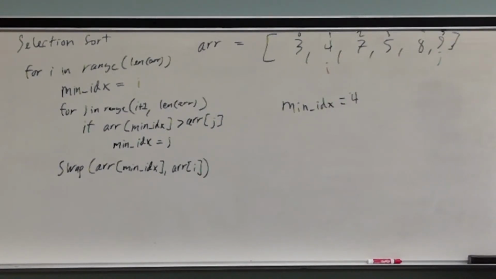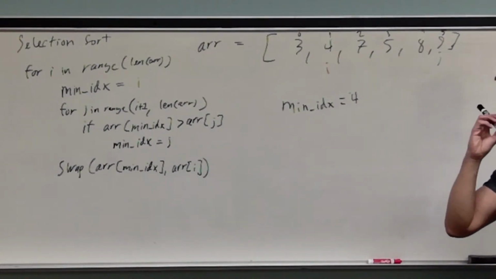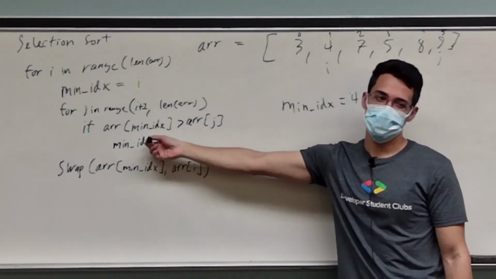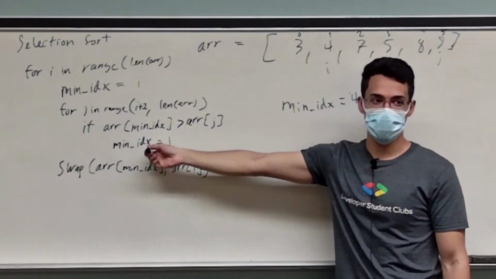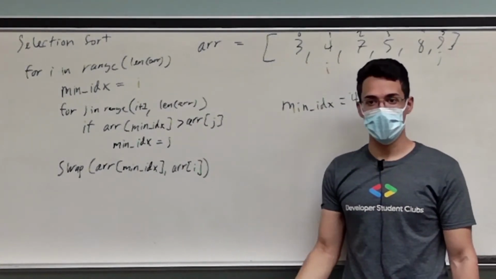Well, actually, it wouldn't. It's minimal. All in all, the runtime is still going to be quadratic. This has less swaps. Well, actually, not really, because you do have to overwrite min index maybe an n squared amount of times. Min index has to be rewritten again and again. Does that make sense?